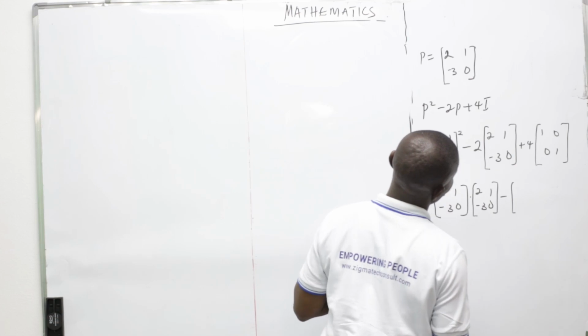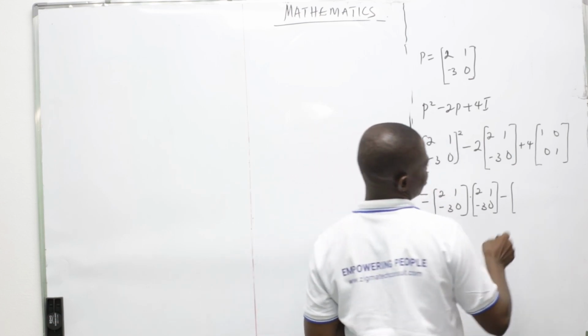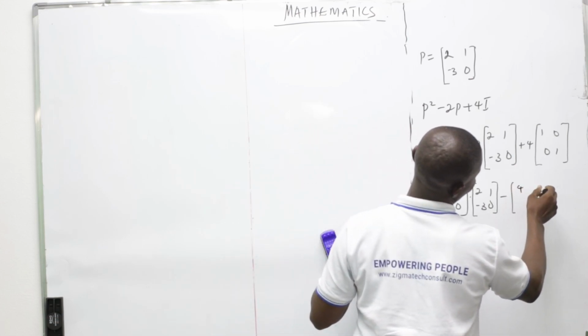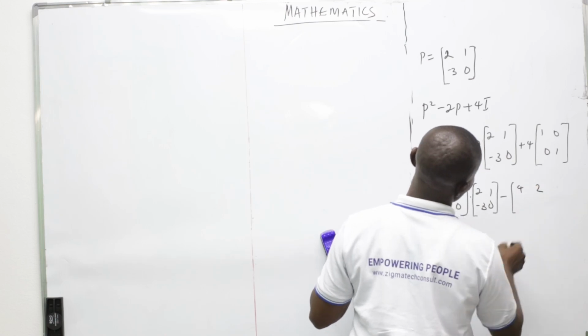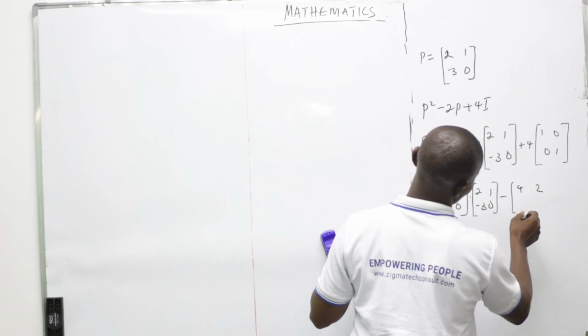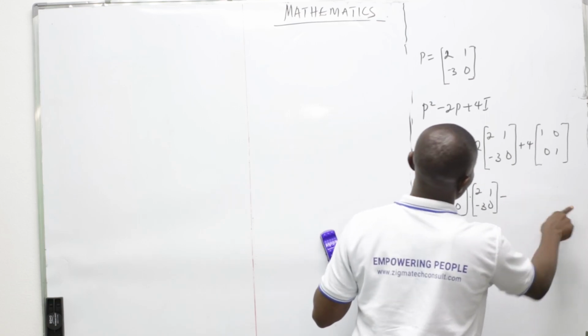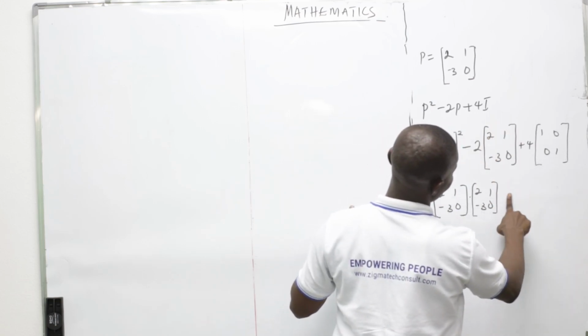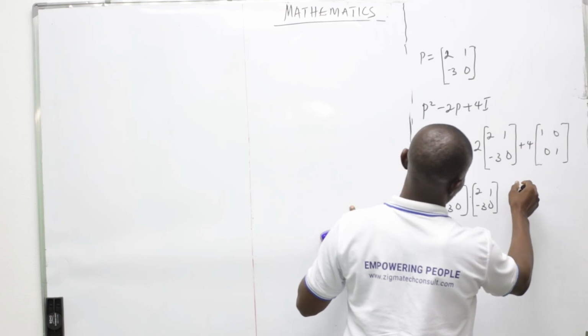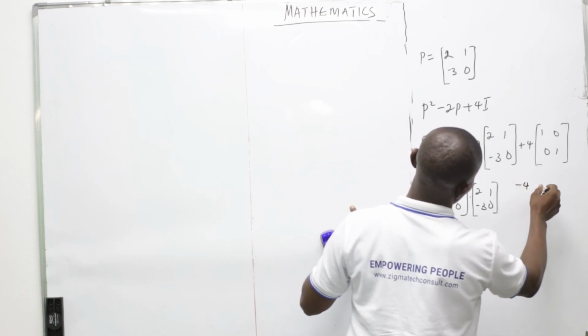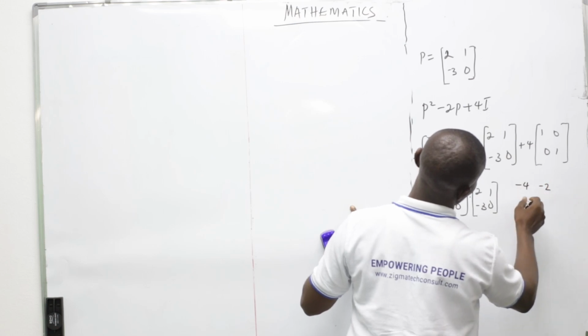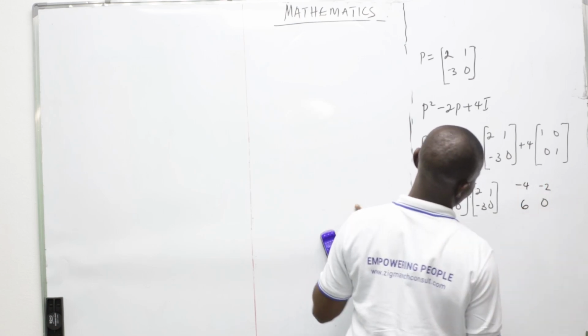Bracket, 2 times 2 is 4, 2, minus 2 times 2, minus 4, minus 2, 6, 0.